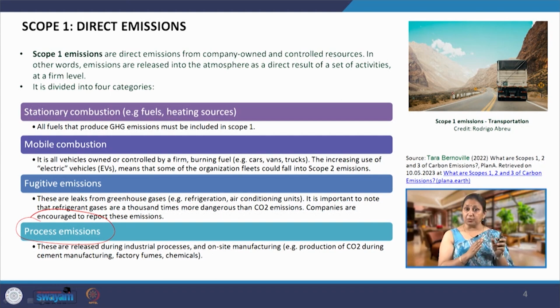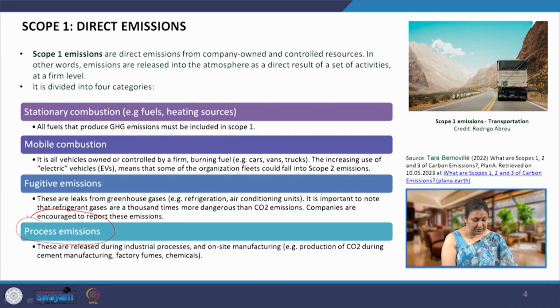This process emissions form one of the most significant parts of the emissions for some industries, for some companies, not all. If we do not have manufacturing, for example, if it is just a service provider company, there the process emissions might be significantly low. There the scope 3 might go higher, which we will come to.